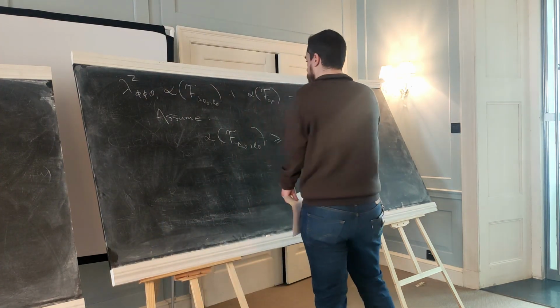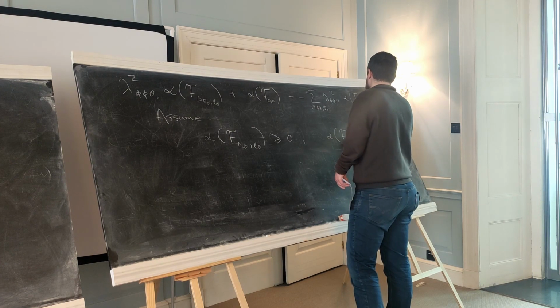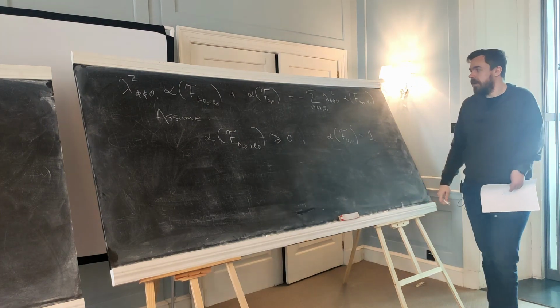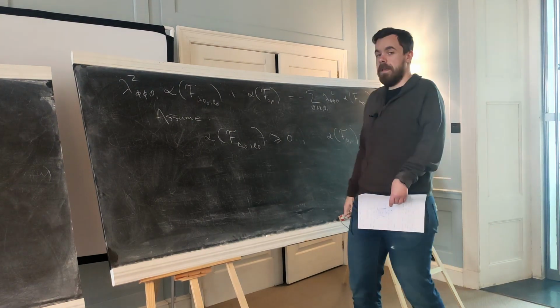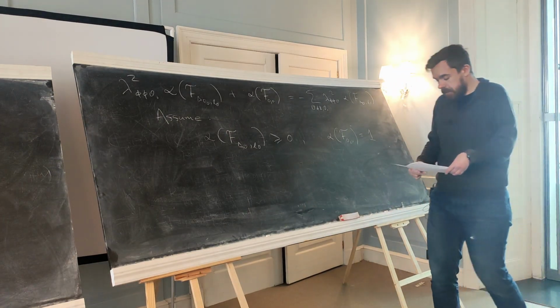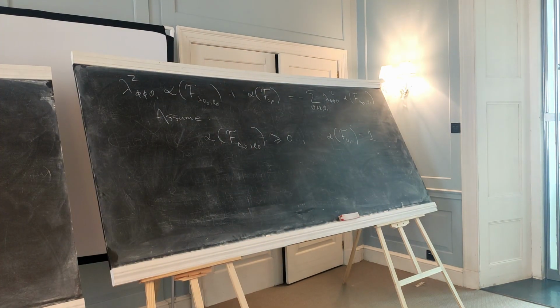So assume that I can find one where this is true, and also alpha on f0,0 is 1, the number 1. So assume that I can do this, okay? So this is a constraint on these coefficients alpha. So among the space of such functionals, I'm trying to find coefficients such that that's true.